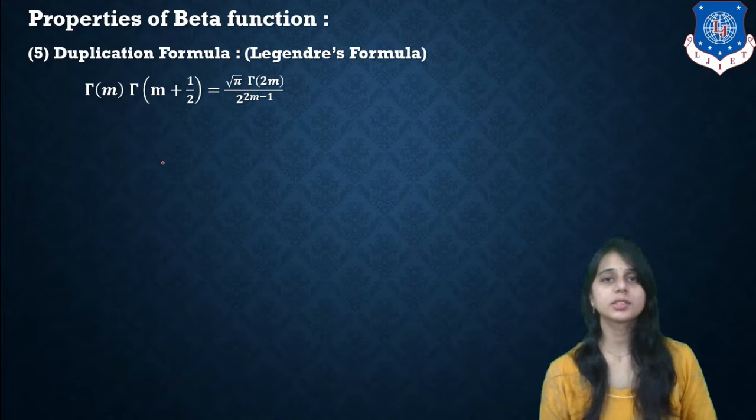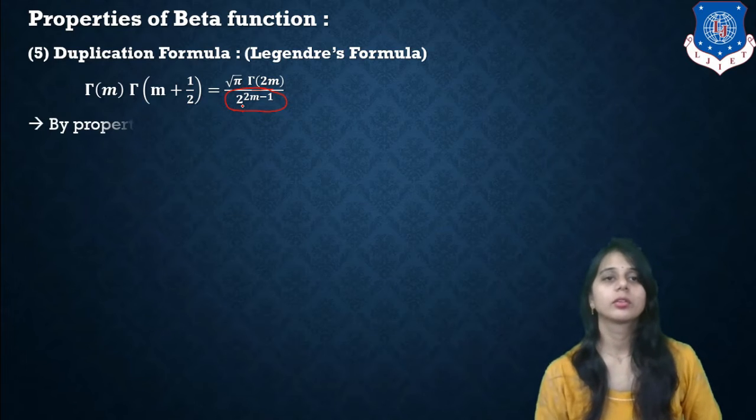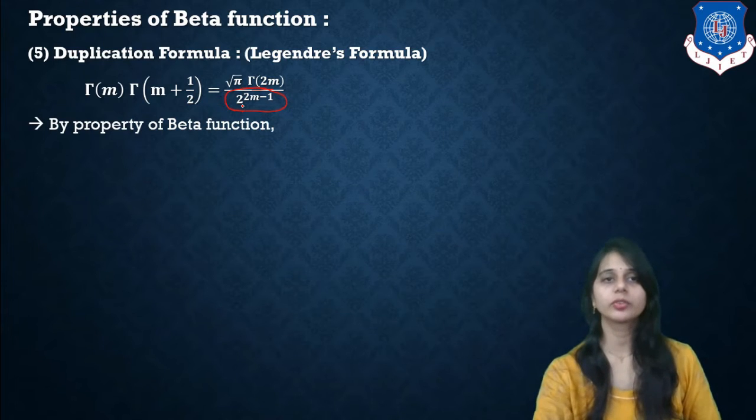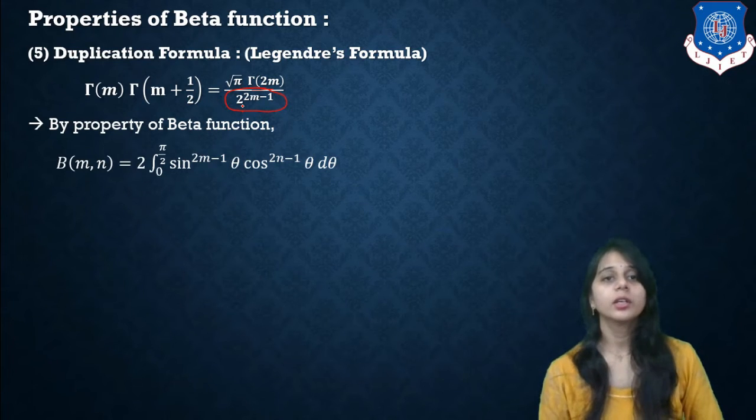Duplication formula, also called the Legendre formula. We say that gamma m into gamma m plus 1 by 2 equals under root pi gamma 2m upon 2 raised to 2m minus 1. Now by the property of beta function, we say that beta m n equals 2 integration 0 to pi by 2 sin theta raised to 2m minus 1, cos theta raised to 2n minus 1 d theta.